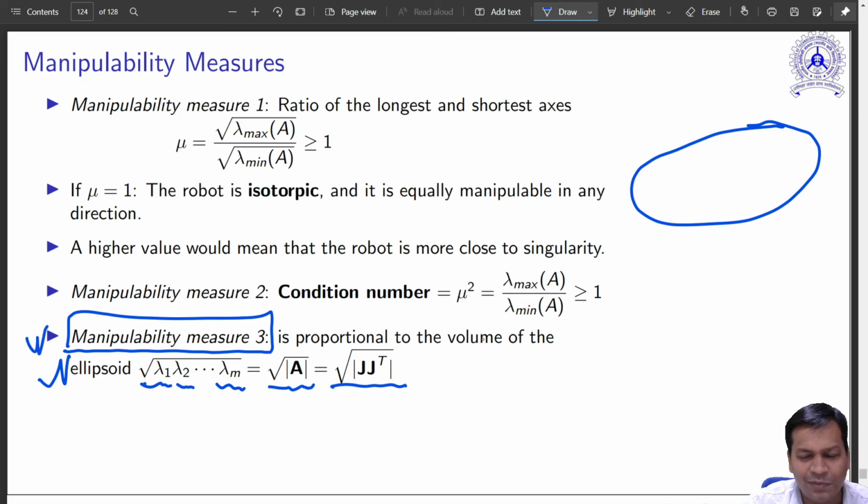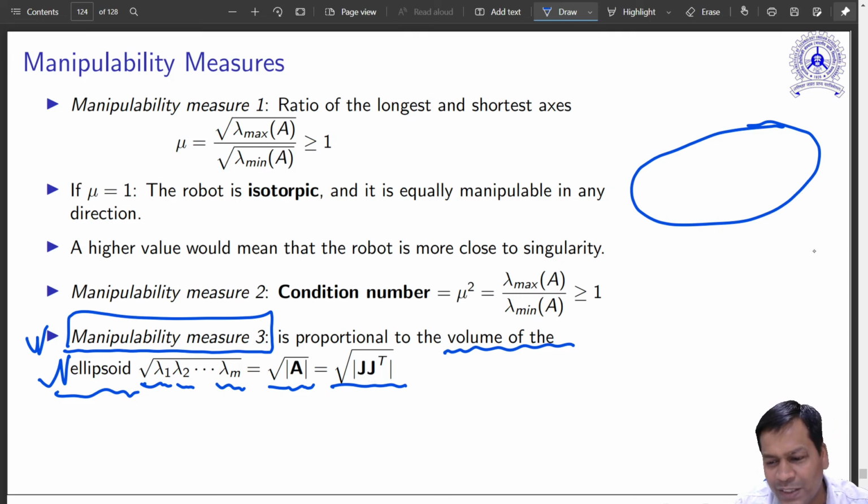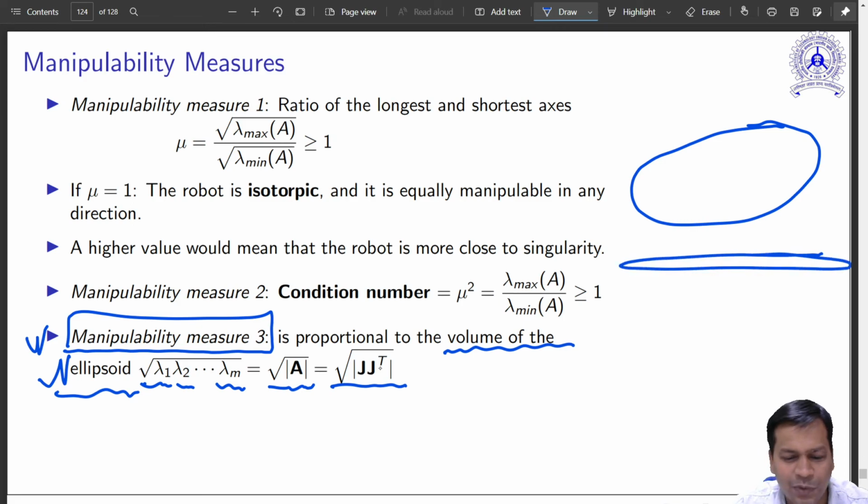Mathematically it is equal to the volume of the ellipsoid. So if it is fully stressed, volume becomes equal to 0. That means it has again reached the singular.